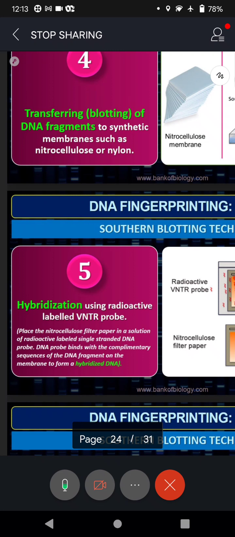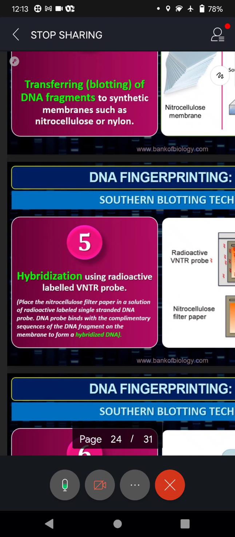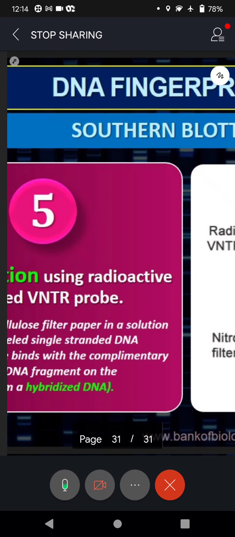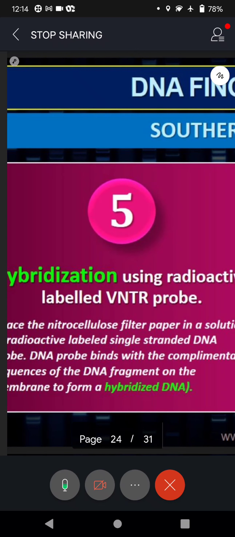What we do? We go for the radioactive type for further clarification. This is called hybridization. So hybridization using radioactive labeled VNTRs, so that every nitrogen base that is present in the blood sample or hair, whatever it is, will be highlighted.